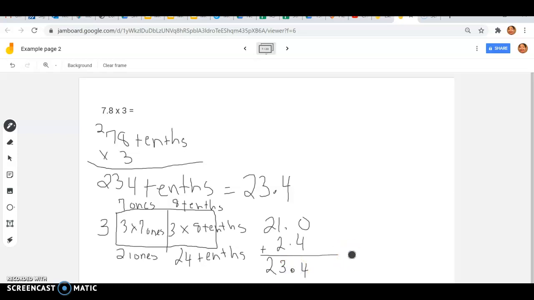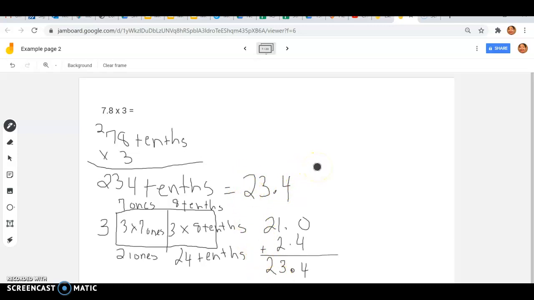So what we should notice is that our numbers should match, right? When we check with our area model and when we do our standard algorithm, they should match our answer. If your standard algorithm doesn't match what your area model is, then you need to check your numbers or check your decimal placement in your standard algorithm. Okay, so these two numbers should match, right?